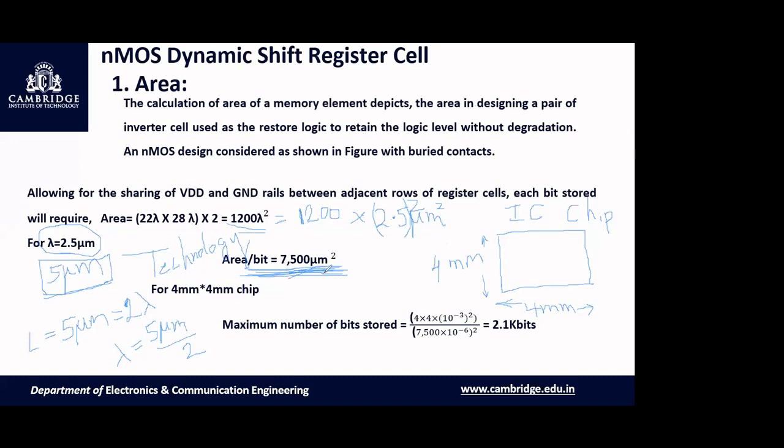Okay. Understood? So now we need to find the maximum number of bits which can be stored in this IC, that is the 4 mm by 4 mm chip. For 1 bit, how much area is required?